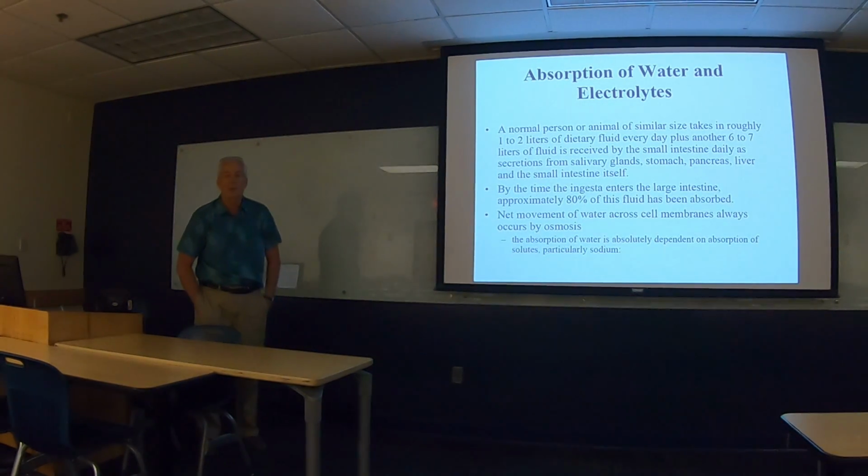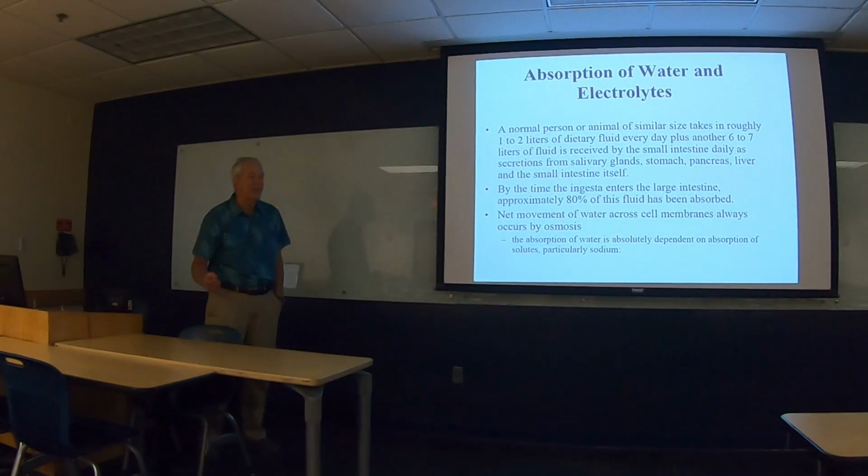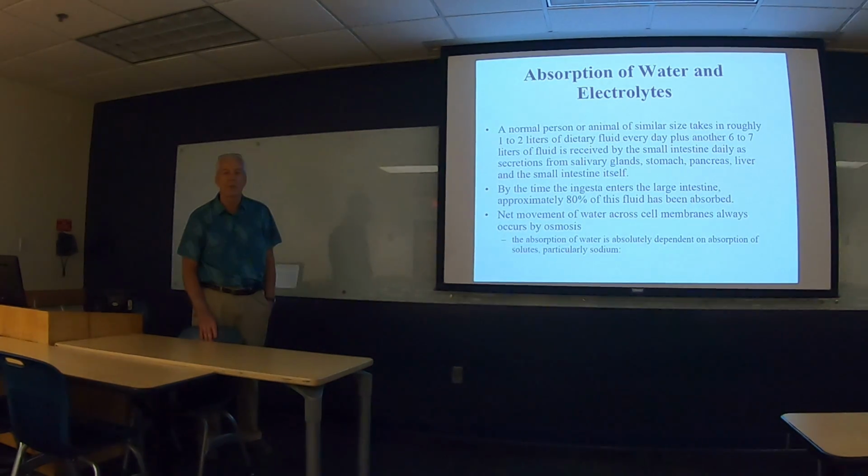And in actuality, they say the main job of the large intestine is to absorb remaining water, but in reality, the small intestine absorbs by far the most water. One, because it's got 20 feet with which to do that, and there's relatively little water remaining within the large intestine by the time it gets there.